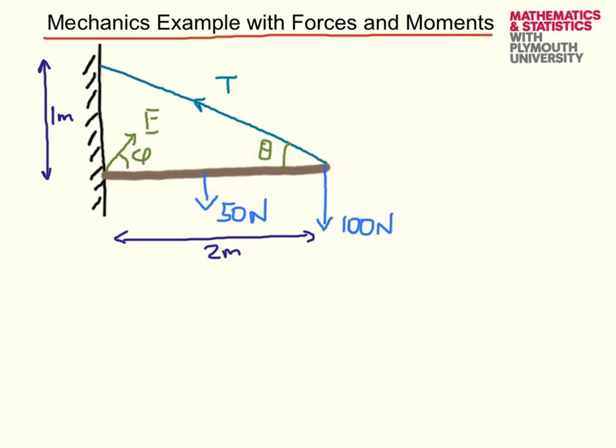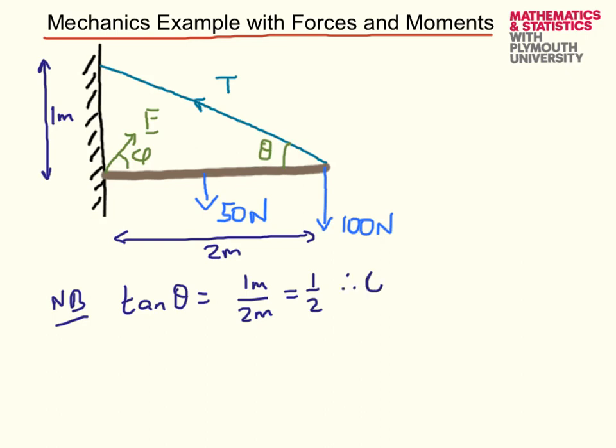So to do that, we can draw a free body diagram of the rod, but perhaps it's sensible just to start off by calculating this angle theta, and we can do that just using trigonometry, because the tangent of theta is going to be this length divided by this length. So let's note that the tangent of theta is 1 meter divided by 2 meters, so that's a half.